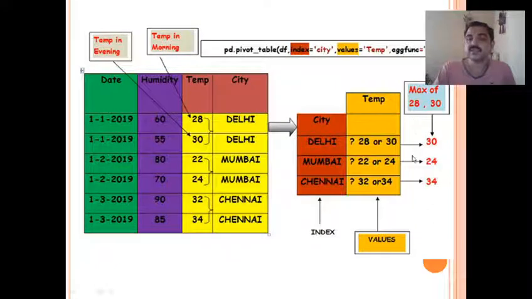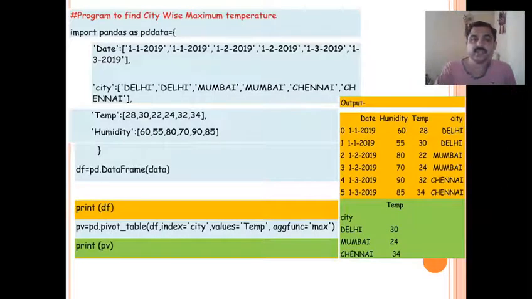It calculates the maximum aggregate value of the temperature here. In addition to the pivot table function arguments, there is this additional argument, aggfunc, which is not possible with the pivot function. Now with pivot table you can find the aggregate function, maximum, minimum, sum, all those things, right?